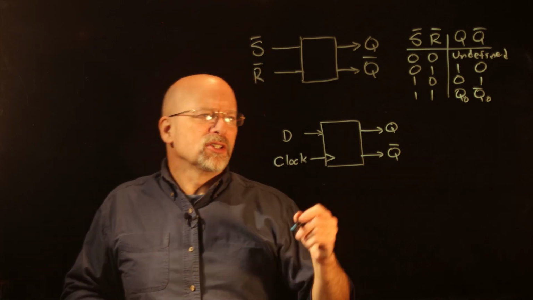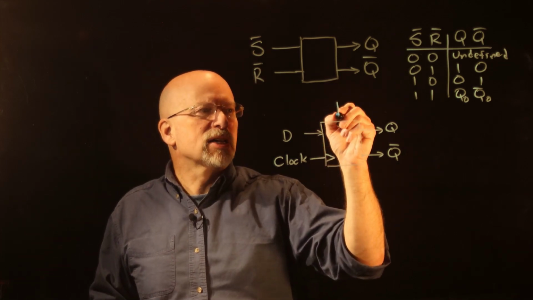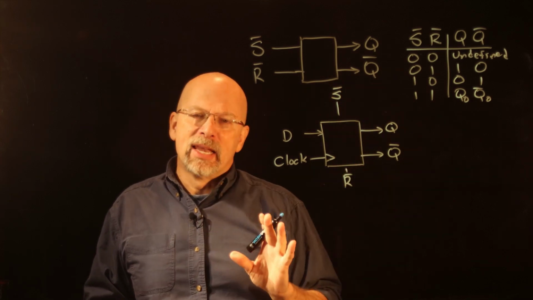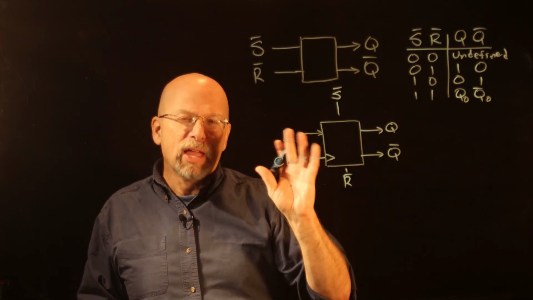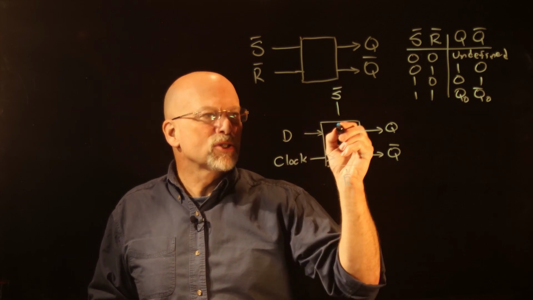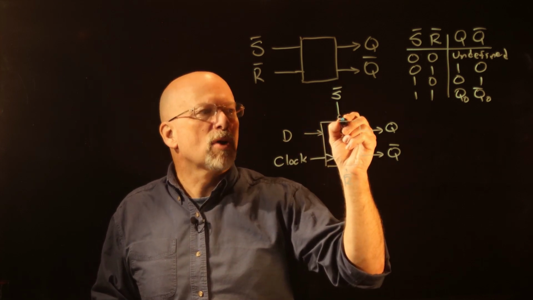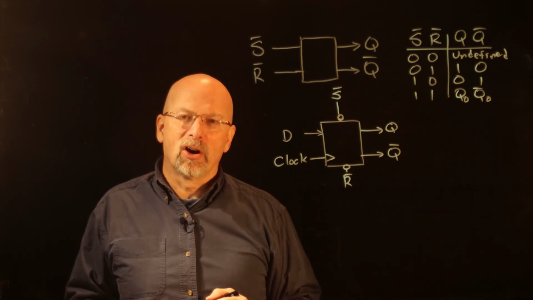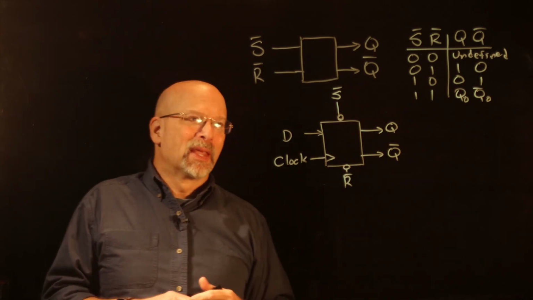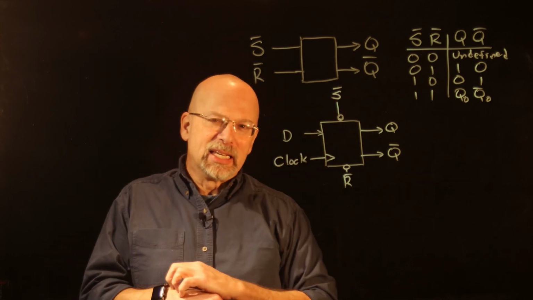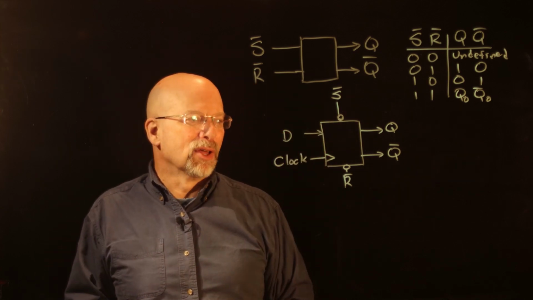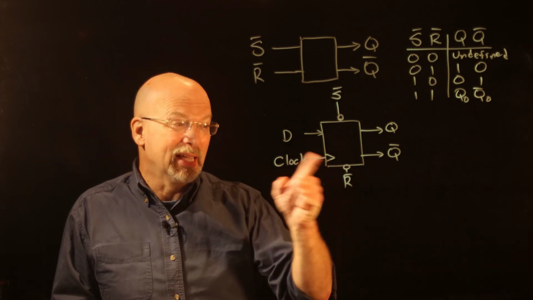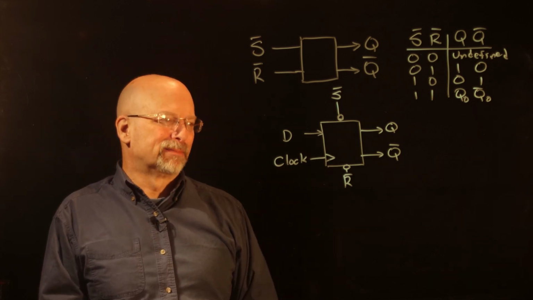We should also have access to S bar and R bar. They're active low, and sometimes you'll see a small circle on circuitry to indicate that these inputs are active low. The bar should be enough to indicate that it is an active low signal. So, that's a lot of stuff on here.